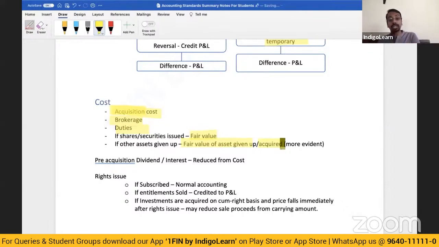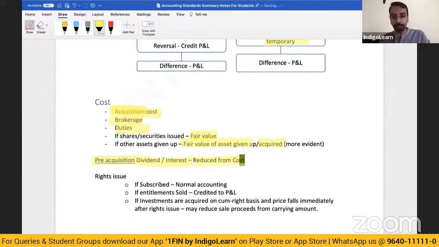Now don't confuse this with the exchange transaction in AS 10. Okay, AS 10, property, plant and equipment, has a specific requirement of considering the fair value of asset given up, whereas here fair value of asset given up or acquired, whichever is more evident, whichever is more clear, whichever you are more comfortable with, that is the value you would be taking. Okay, and if at all there are pre-acquisition dividend or interest, you will reduce it from the cost.